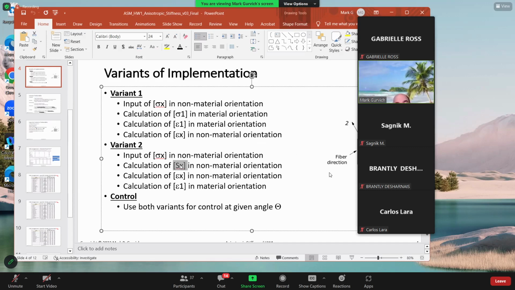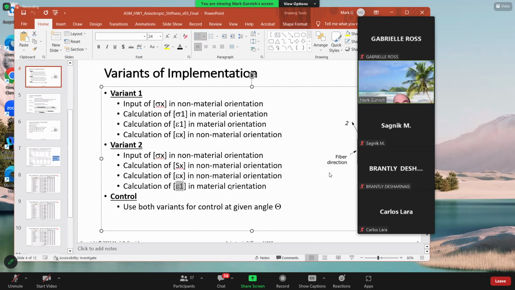You multiply matrix S sub x by sigma x, and you calculate directly the strains in coordinate system x and y. Then, when you know strains x and y and gamma, you multiply by the corresponding transformation matrix, and you calculate epsilon sub 1.